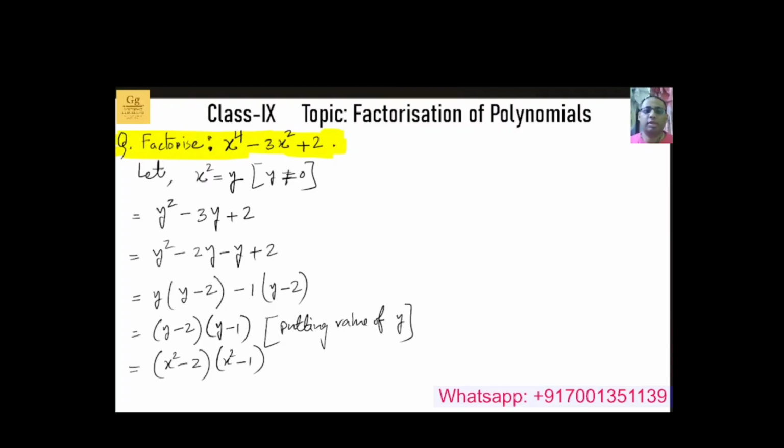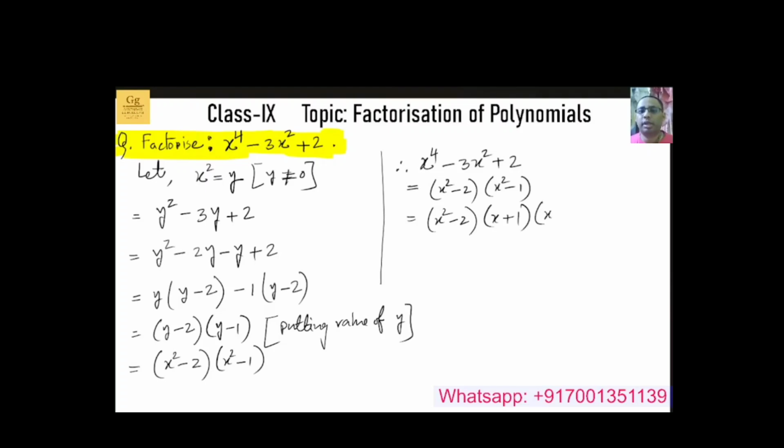Okay, so now that would become, therefore x to the power 4, then minus 3x square, then plus 2, that would become equal to x square minus 2 and x square minus 1. So now it will come as x square minus 2 and x plus 1 into x minus 1.